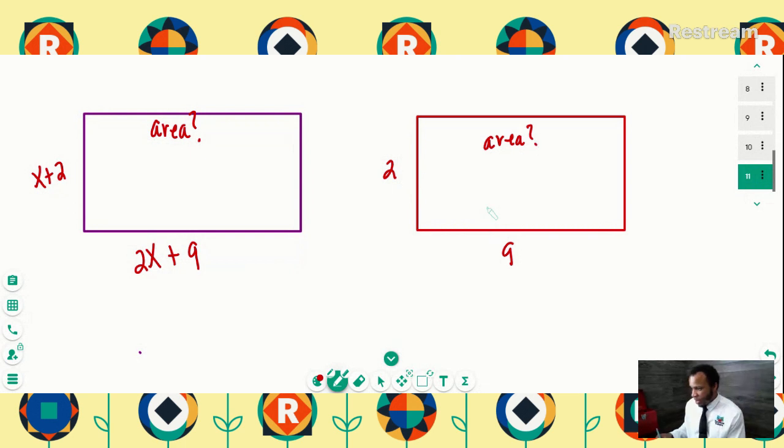If I ask you to find the area, how would you do that? Simply multiplying 2 times 9. 2 times 9 gives you 18. But that's actually what we're doing over here, except we're going to apply what we did with the last problem. So we have x plus 2 times 2x plus 9. And that'll give you the area of the shape.